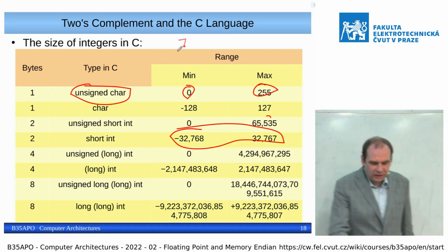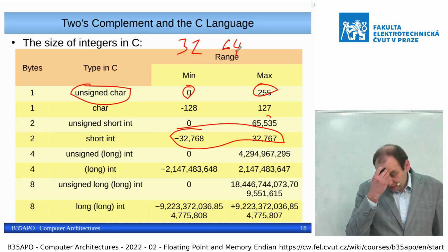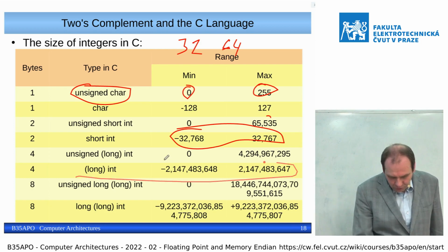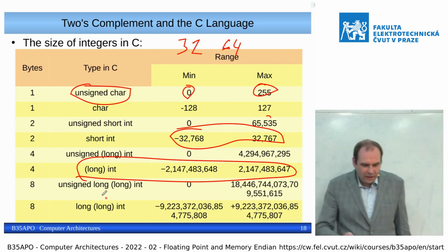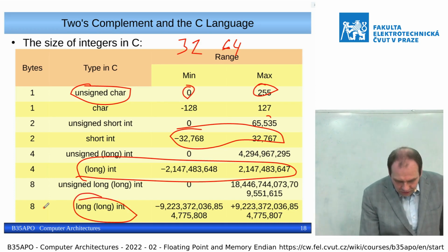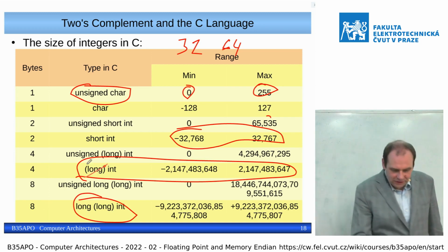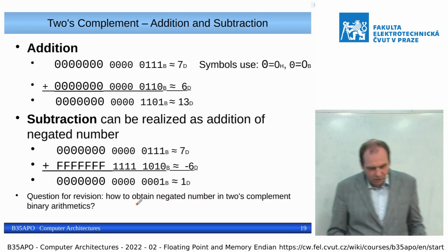But for 32-bit systems and even 64-bit systems today, it is similar. For 32-bit, long is equivalent in size to integer, and only long long is longer. On 64-bit systems, long is already 64 bits long.